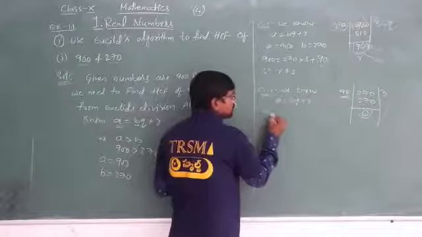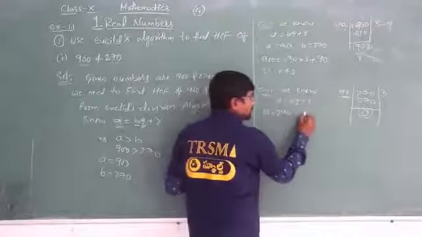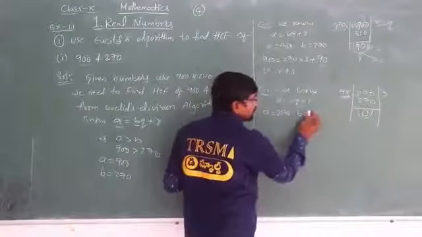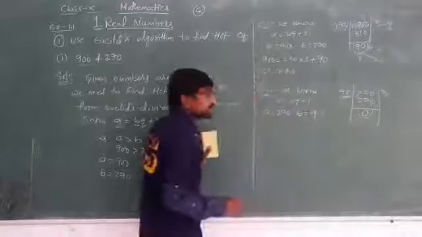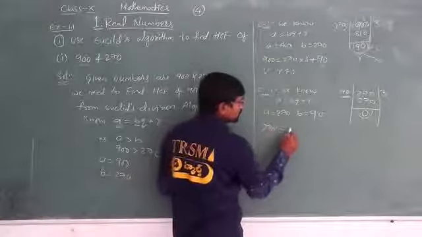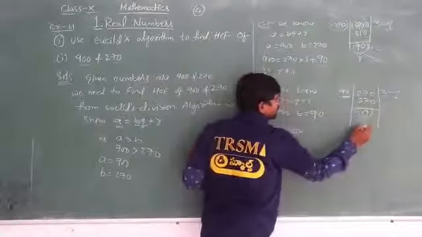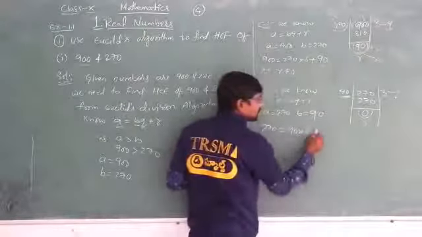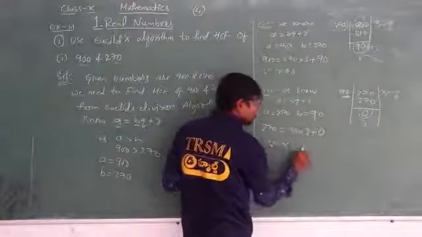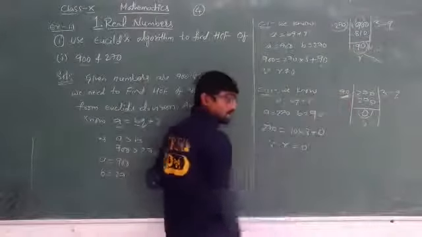So now here A is equal to 270 and B is equal to 90. Again I have to follow the step. So A is equal to 270 is equal to 90 into coefficient 3. This is the coefficient and this is the remainder. So 90 into 3 plus 0. Since the remainder is equal to 0, the HCF is 90.